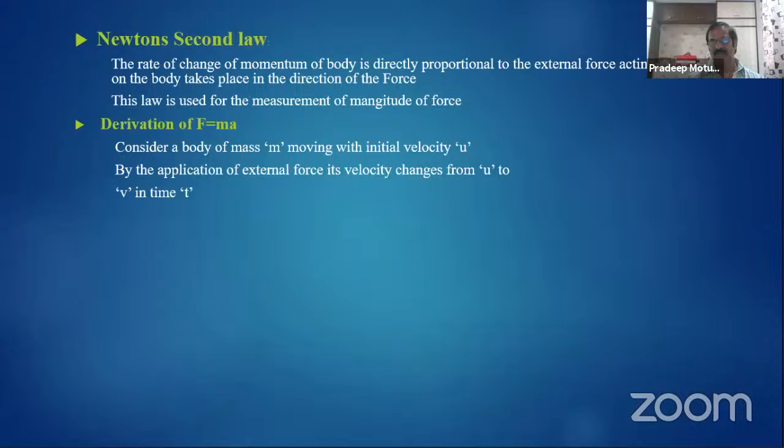As you know, you can represent the initial velocity as u. By applying a force on the body, the velocity changes from u to v, that is the final velocity.